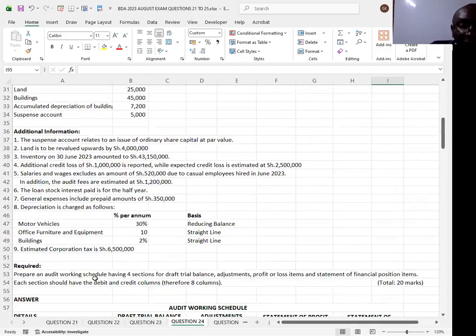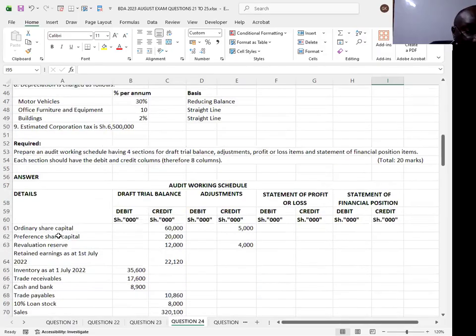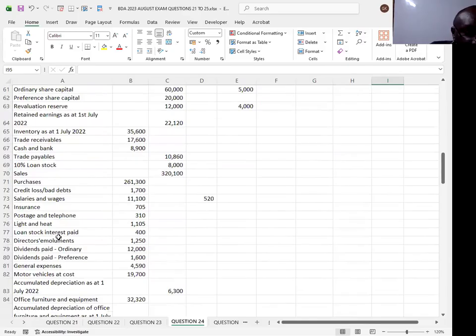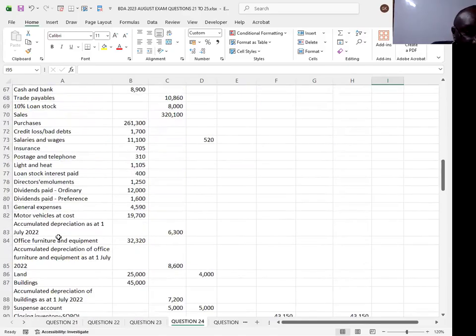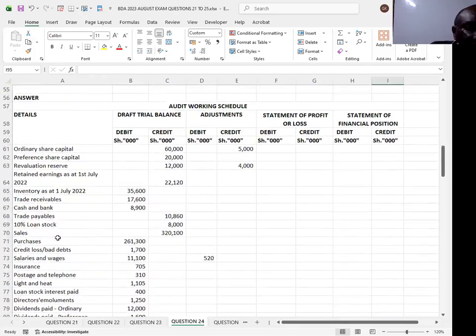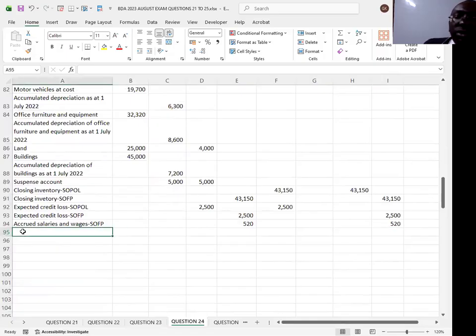The next transaction is where? In addition, the audit fees are estimated at 1,200. So in our draft here, I did not see audit fees. Now, if I don't see audit fees, this tells me that audit was done but never paid for.